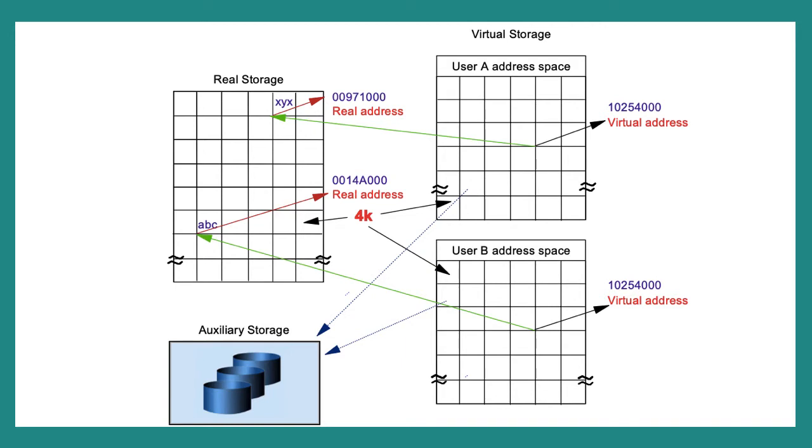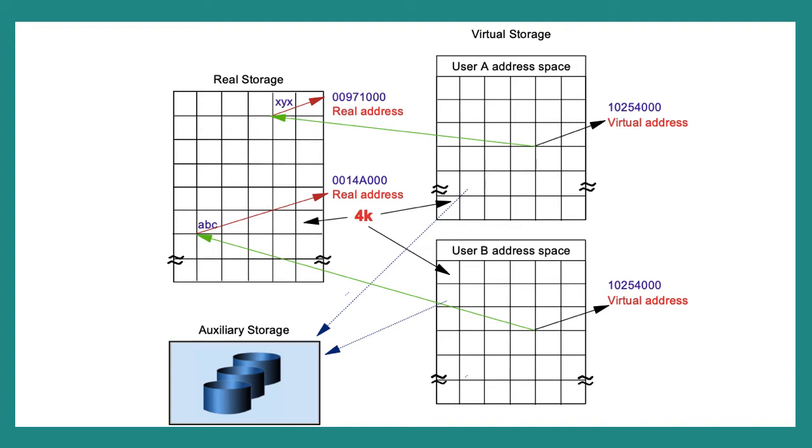To find a page or instruction of a program, z/OS checks the table for the virtual address of the page rather than searching through all the physical storage for it.